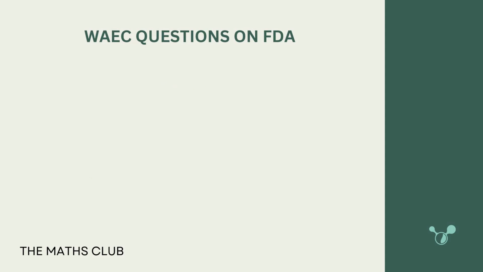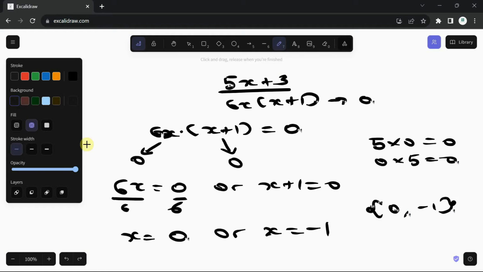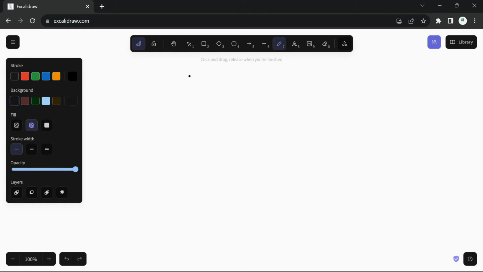Great. So let's see, this is a word problem question, and I actually love word problems. So a woman spent 1/4 of her monthly income on food. Before we go, let's say the monthly income is equal to x.